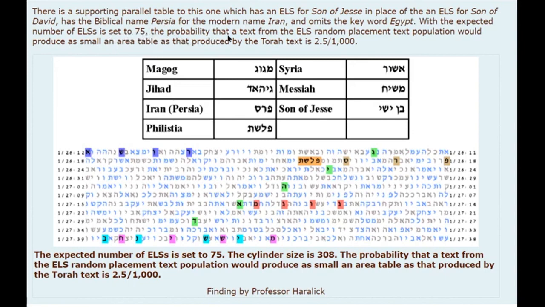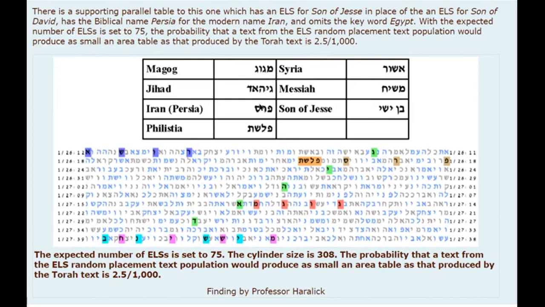The probability that a text from the ELS random placement text population would produce a smaller area table than that produced by the Torah text is 2.5 in 2000.